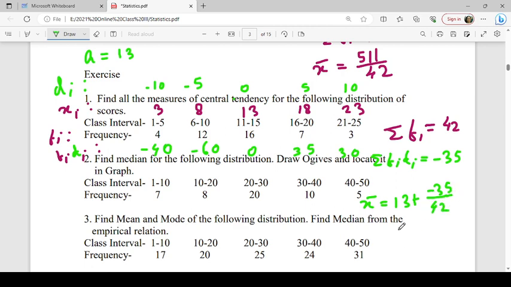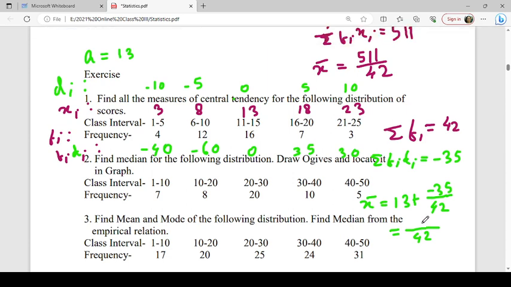If we add it, the denominator is 42, then it is 520 plus 26, it is 546 minus 35, it is again 511. So we have the same value.